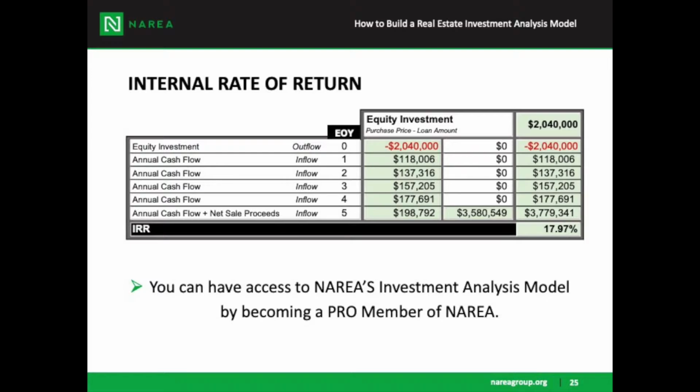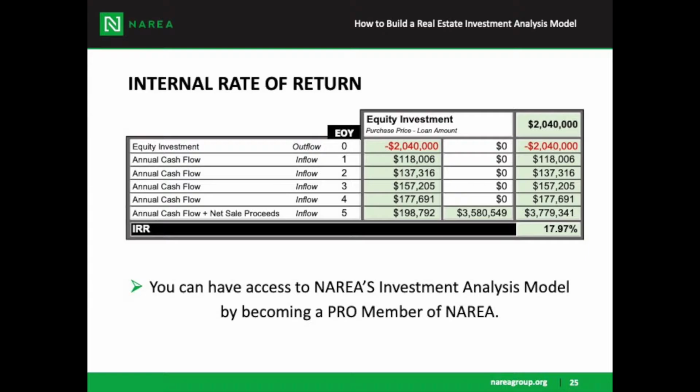And the way you set it up is, I call it a time value of money grid or a cash flow grid. You can call it anything like that, but it's a grid that you set up which shows money in and money out. So the initial equity investment is always shown as a negative number because it's an outflow.